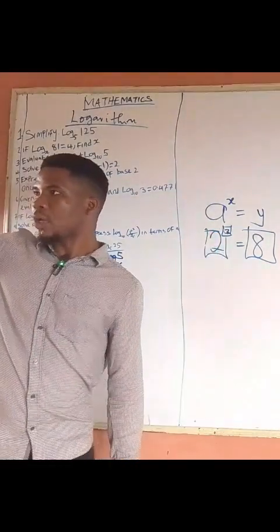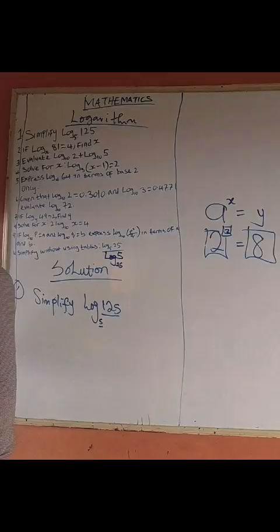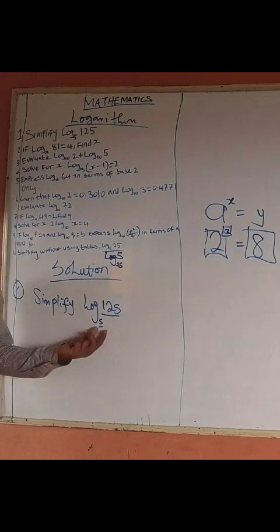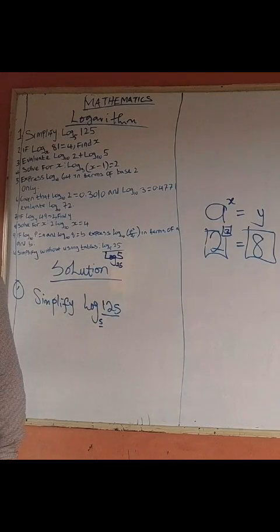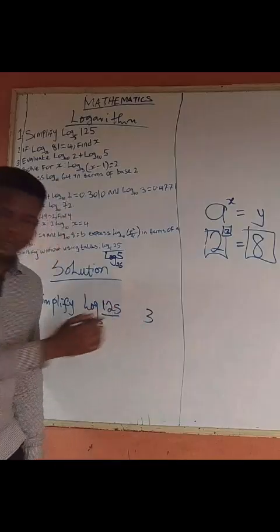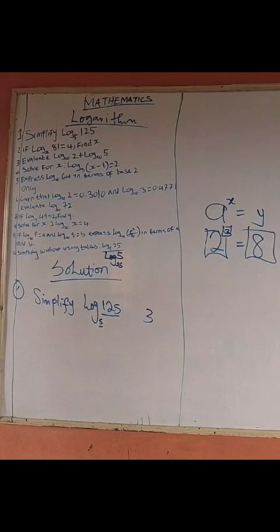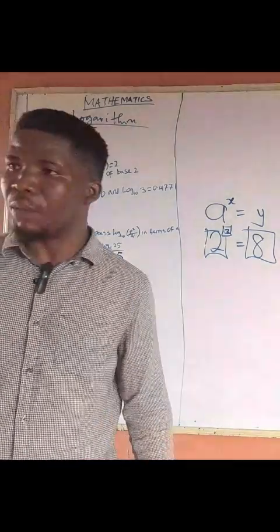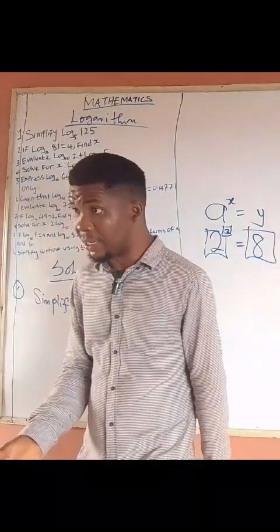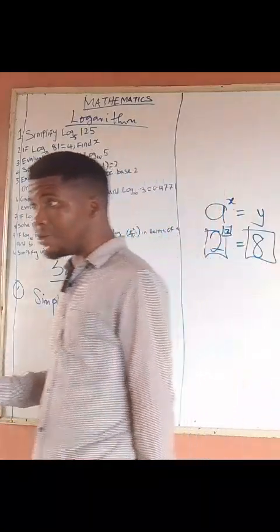What is the power of 5 that will give you 125? 3. The answer will be 3. The answer is 3, simple as ABCD, but there is a step to solve it. But when you are given an objective question, just quickly pick the answer instead of solving and solving. Are you getting me now?